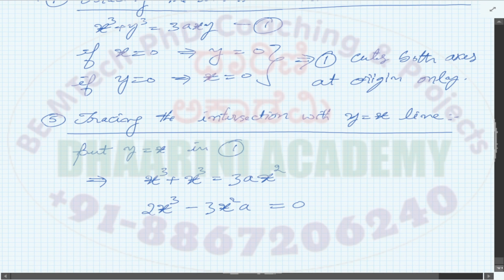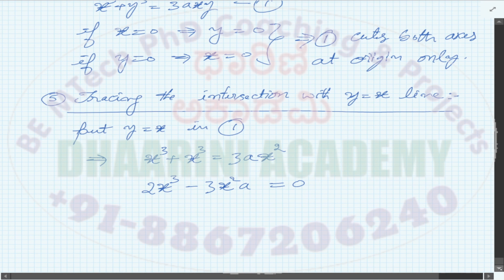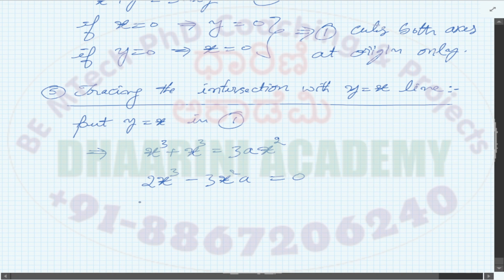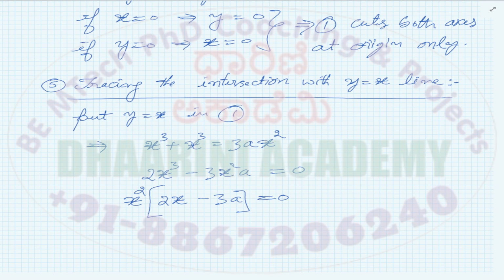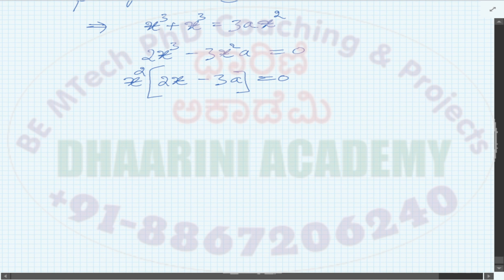Now I can see that x square is common, so take x square out. So this is x square times (2x minus 3a) equals 0. See, I have a product and the product is equal to 0. This implies either x square is equal to 0 or the other term 2x minus 3a is equal to 0.